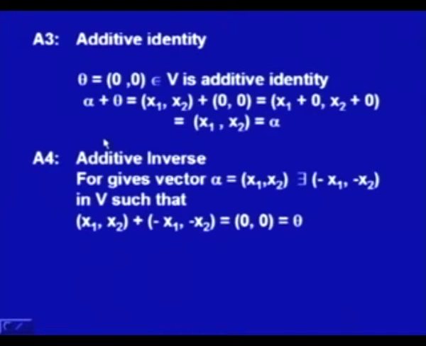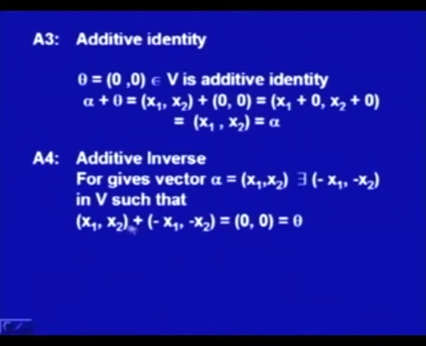The next property is additive inverse. So, for given vector alpha, (x1, x2), there exists (minus x1, minus x2) in V, such that (x1, x2) plus (minus x1, minus x2) is equal to (0, 0), and this is nothing but theta.